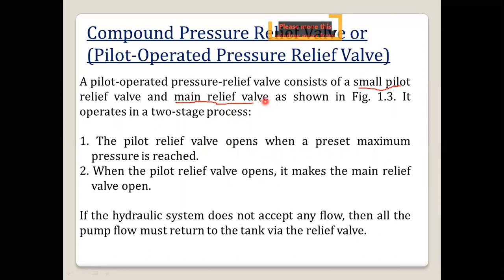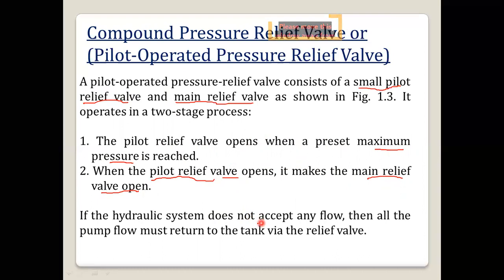The main relief valve is controlled by the small pilot relief valve, and this pilot relief valve opens when the preset maximum pressure is reached. And when the pilot valve opens, it makes the main relief valve open. So if the main relief valve has to open, then the pilot relief valve should open.